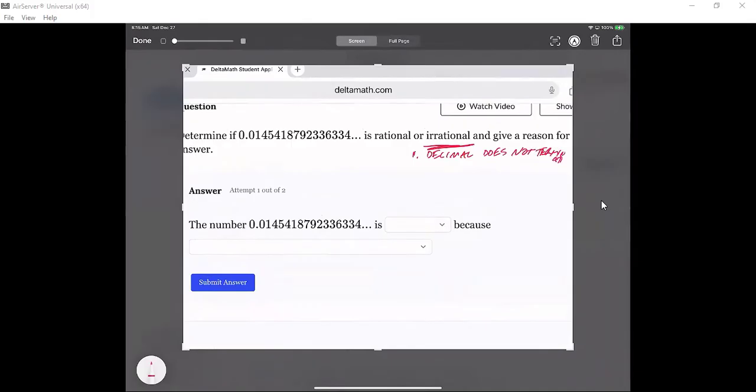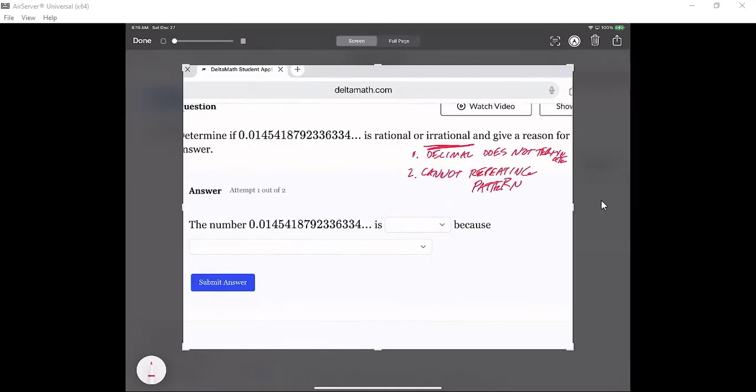And the second thing is it cannot have a repeating pattern. Those two things have to be true. If either one is not true, then the number we assume is rational.